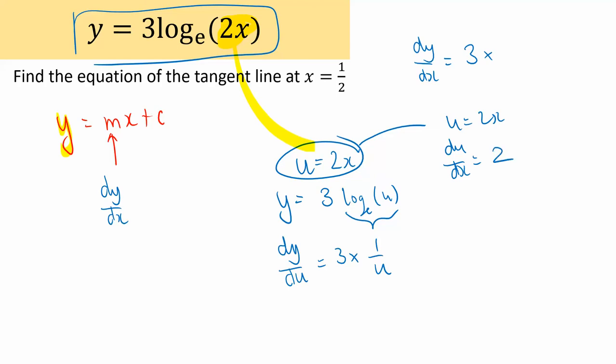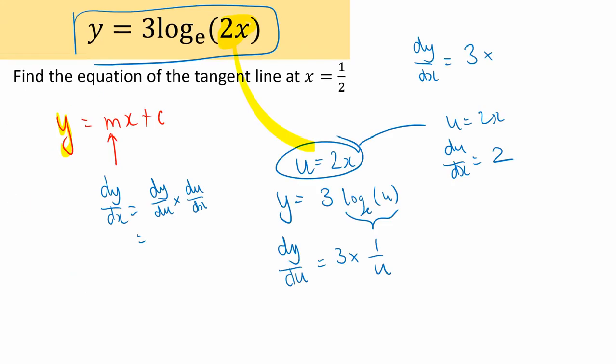Putting them both together, dy dx is equal to dy du multiplied by du dx. We know that dy du was equal to 3 over u times 2, but u we said was 2x. And what you can see is the 2s cancel out. And so your final answer is 3 over x.